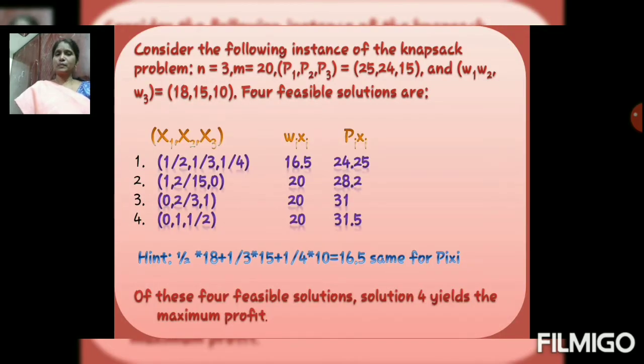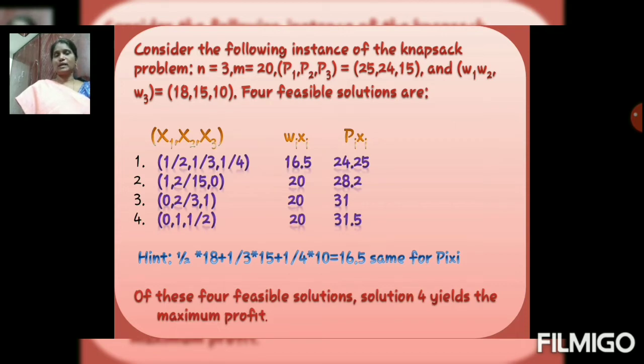Consider this problem. What is N? N is 3. What is M, the capacity? It is 20. The profits of the 3 items, P1, P2 and P3, are 25, 24 and 15. The weights W1, W2 and W3 are 18, 15 and 10.